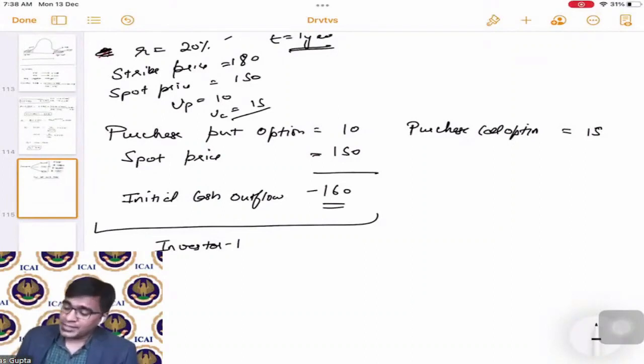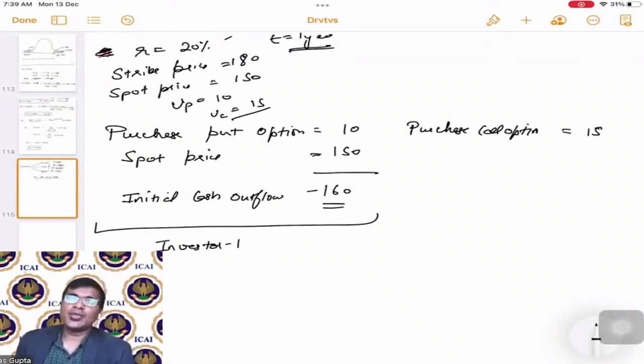Now, the moment he's purchased a call option at 15 rupees, what does he have to make sure? He has to make sure that in case he has purchased the call option, which is the right to buy, and he needs to exercise this at the time of expiry, then he needs to pay the amount equivalent to the strike price.